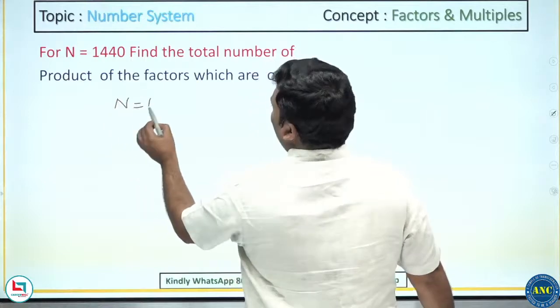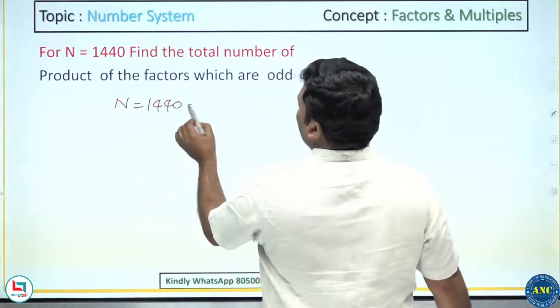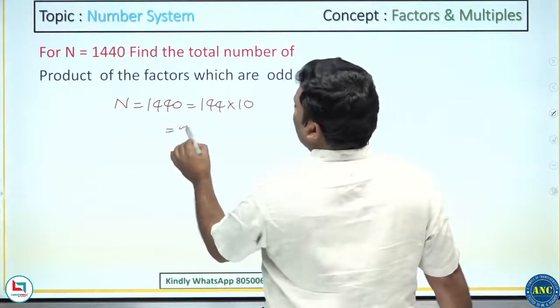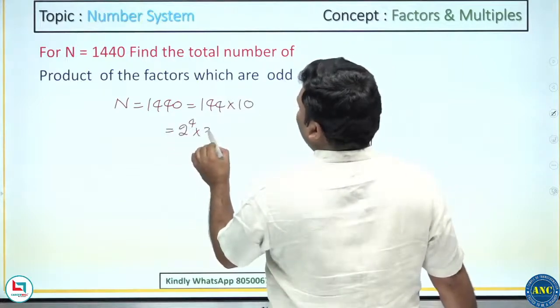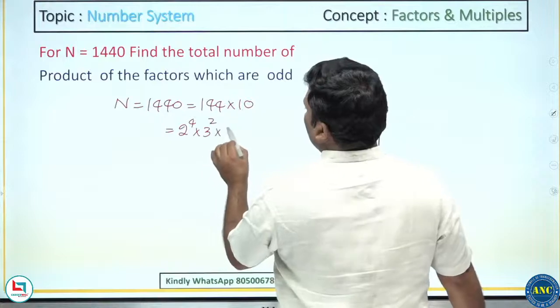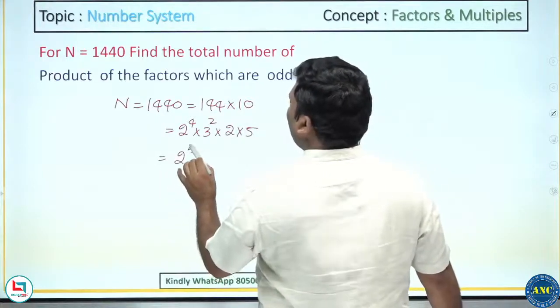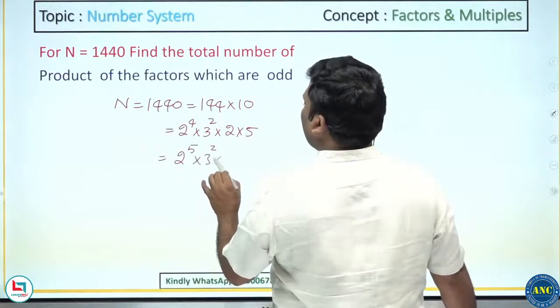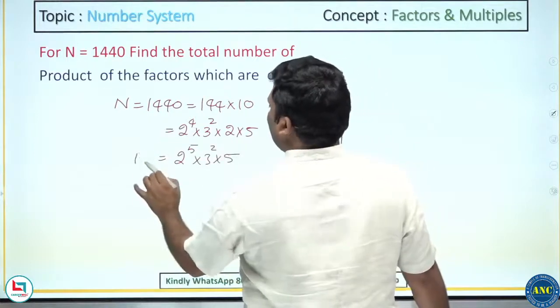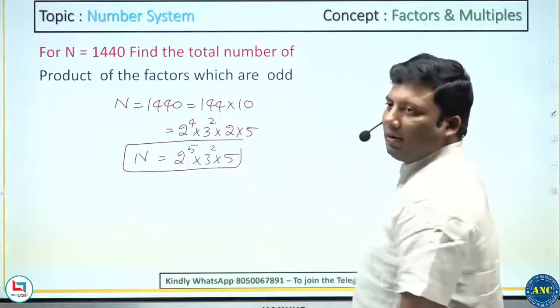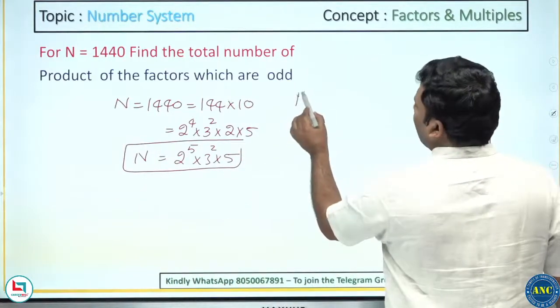N is 1440. It is 144 into 10. 144 is 2 power 4 into 3 square. 10 is 2 into 5. 2 power 5 into 3 square into 5. N is 2 power 5 into 3 square into 5. Product of the odd factors.